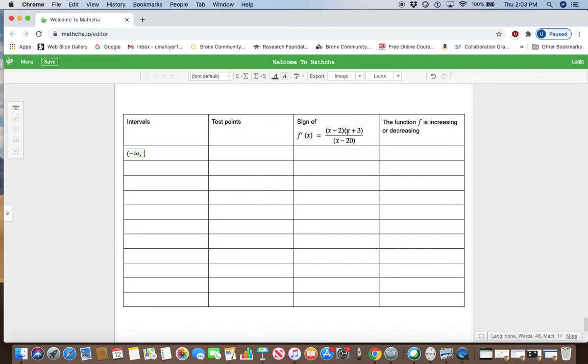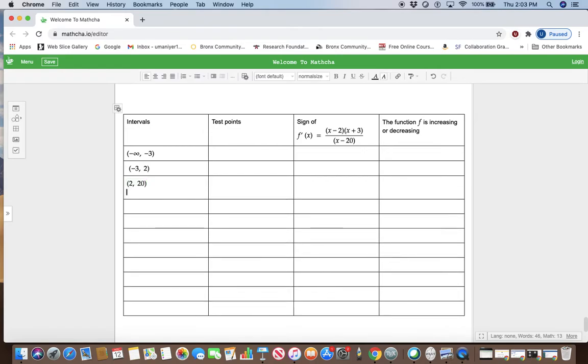So what are the critical numbers? What do I see? 2, 20, and negative 3. So there is negative 3. The next interval is open negative 3 until positive 2. The next interval is positive 2 until positive 20. Oops.